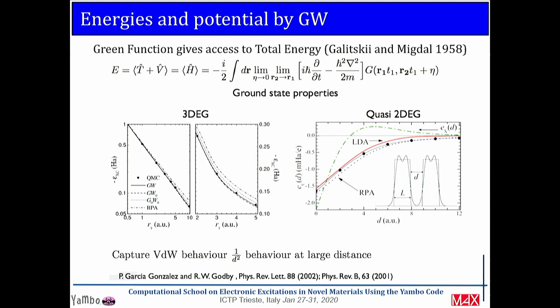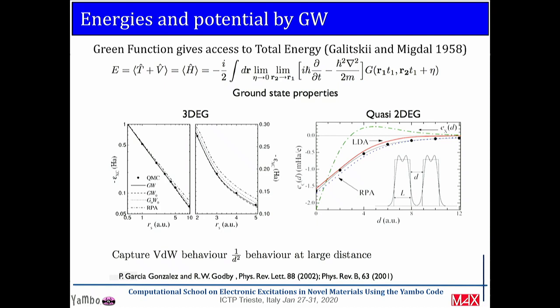As I told in the introduction, in the first slides, we can also calculate total energy using GW. I mean, we have the Green function, and with the Green function we have access to total energy. Here is the example of the three-dimensional electron gas.